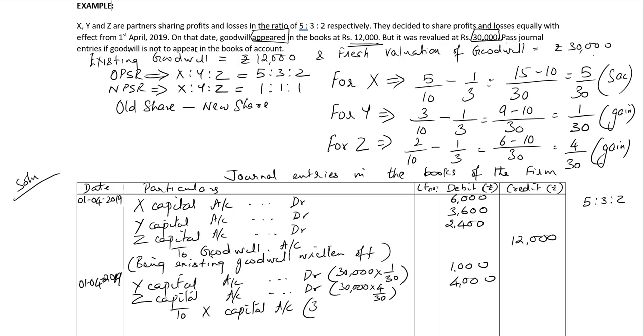And for X, 30,000 into 5 by 30, which amounts to 5,000. And the narration being goodwill adjusted through capital accounts on change in profit sharing ratio.